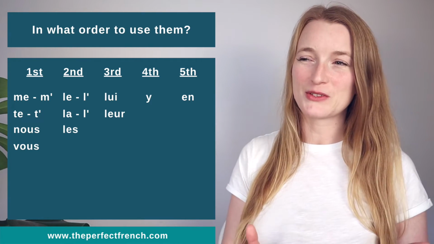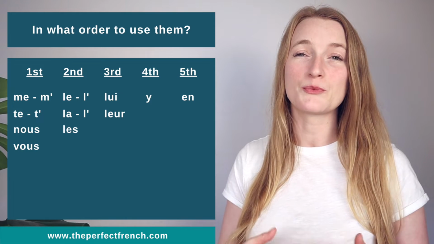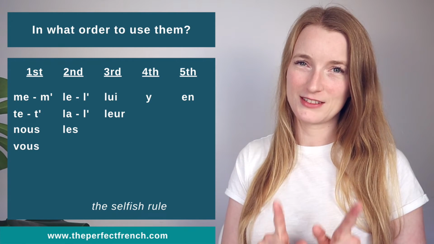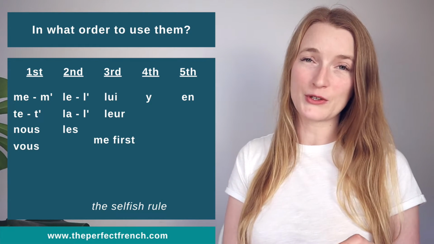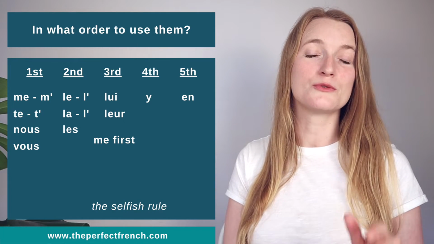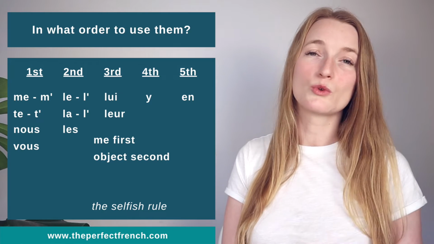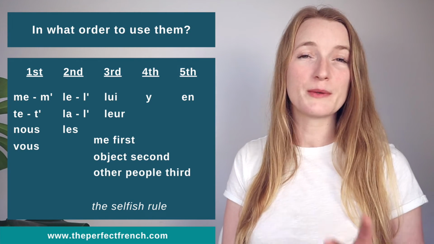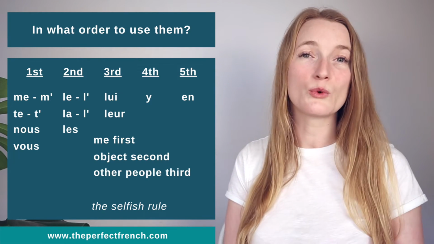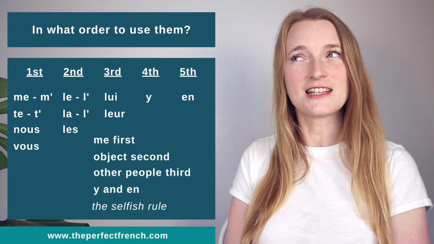So I always tell my students to remember how to use them with the selfish rule. Let's see. We have me first. So me, te, nous, vous. So me first. Second place you have object. So le, la, les. Other people third, because lui and leur. And then y and en.